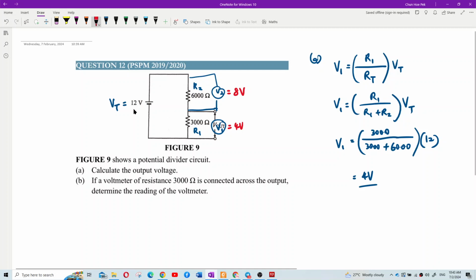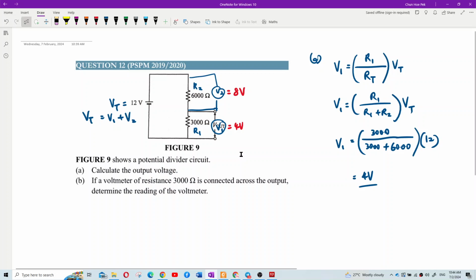V total is actually V1 plus V2, because for series, the voltages add up. 8 plus 4 you get 12. So the output voltage, which is V1, is only 4 volt.